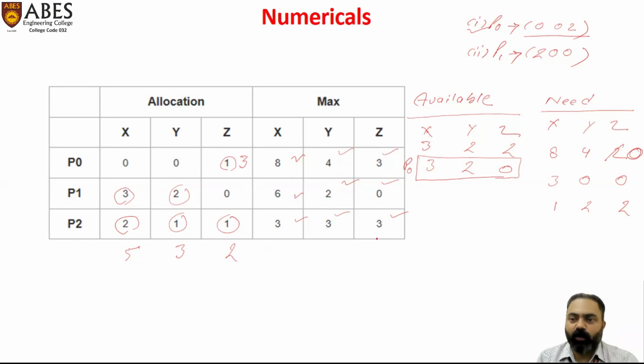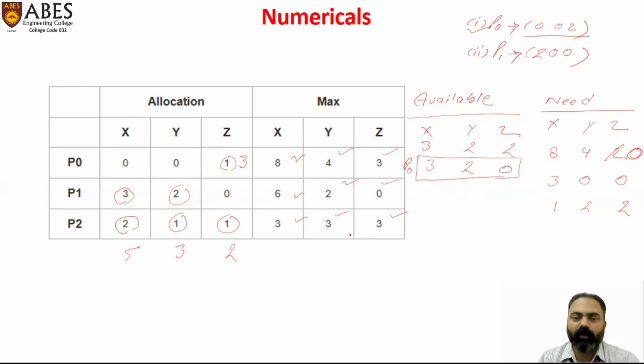Starting from P0, the need is 8, 4, 0. Can the need of P0 be satisfied with this availability 3, 2, 0? No. Next, P1 need 3, 0, 0. This need can be satisfied with 3, 2, 0.